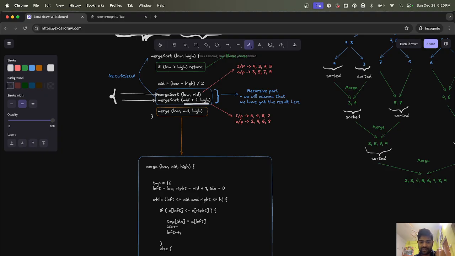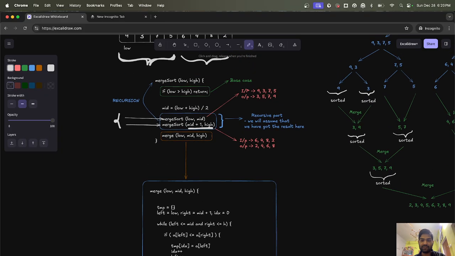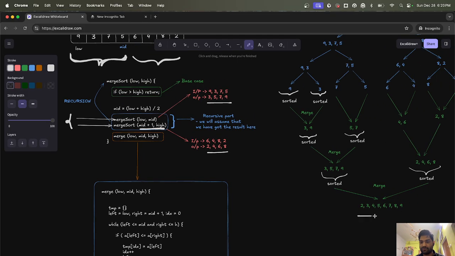This merge algorithm will take this 3579, it will take this 2468, and it will merge them into a resulting sorted array, which will look like this: 2, 3, 4, 5, 6, 7, 8. Basically, I will take these two sorted arrays as input, and I will merge them into this array, right?